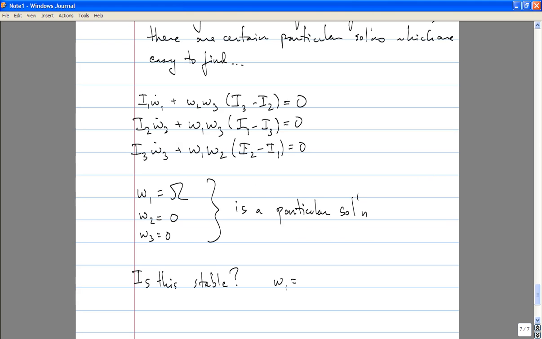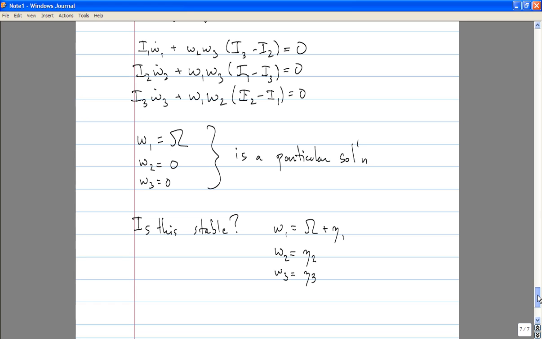So let's imagine perturbing the system slightly by adding a small amount eta 1 to omega 1, as well as a small amount eta 2 and eta 3 to omega 2 and omega 3. And then let's look at these Euler equations expanded only to linear order in the small perturbation, just as we did when we were studying an arbitrary one-dimensional system.